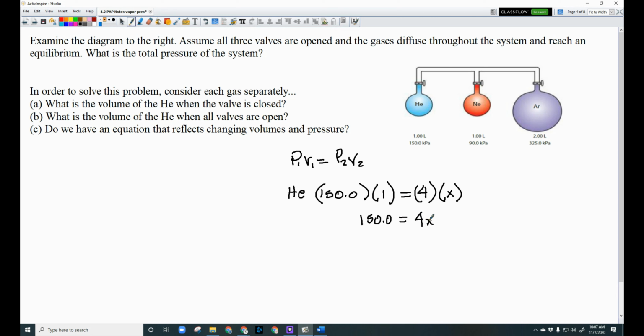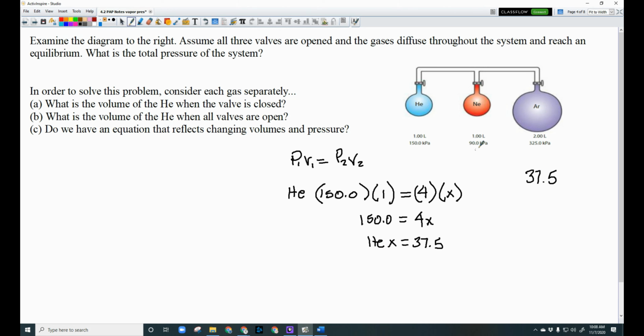If we solve for X, we just take 150 and divide that by 4. We're going to get 37.5. So X is equal to 37.5 kPa. All right, so that's for helium.